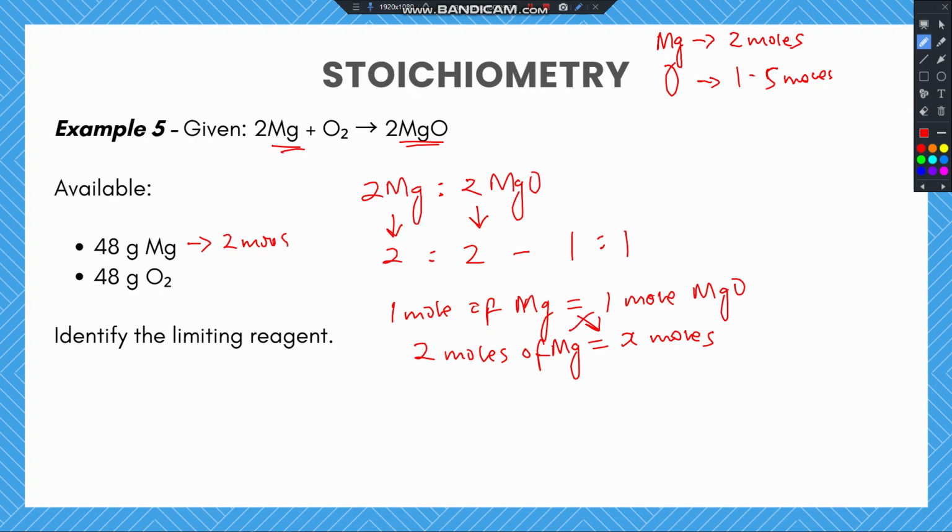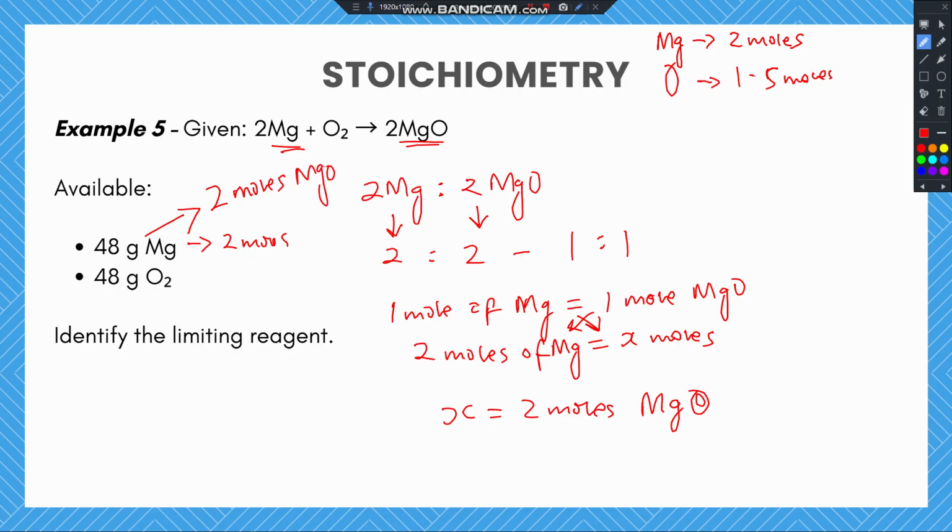If we cross multiply, X will be equal to 2 moles of magnesium oxide, MgO. So these 48 grams of magnesium can produce 2 moles of magnesium oxide.